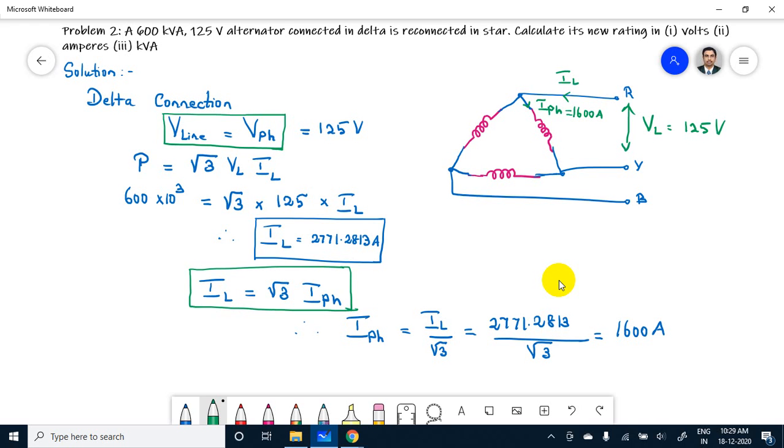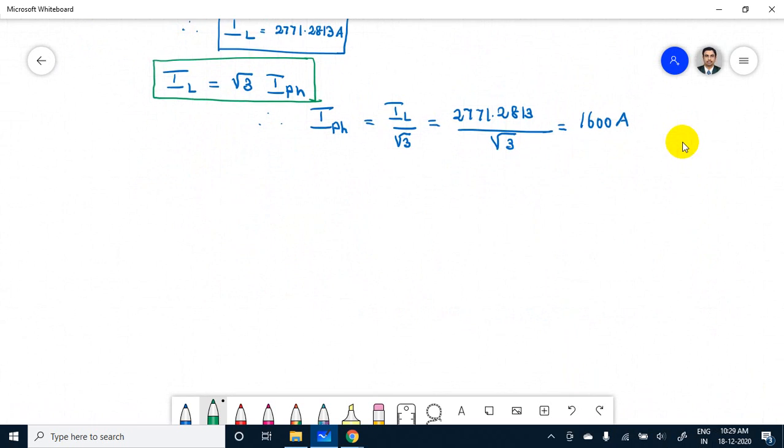Star connection, you know that. Note down. Now delta is reconnected to star. What is the basic difference between delta and star? In delta, only 3 points are there, that is only 3 terminals. There is no neutral point in delta.